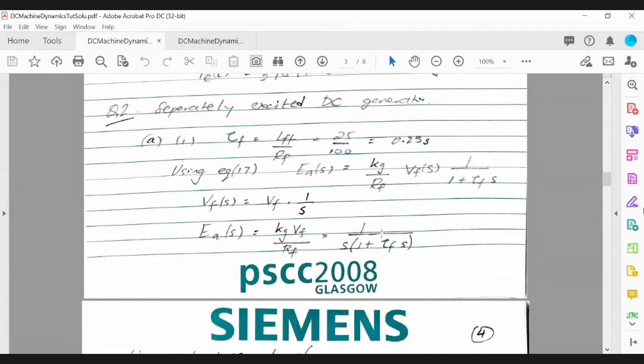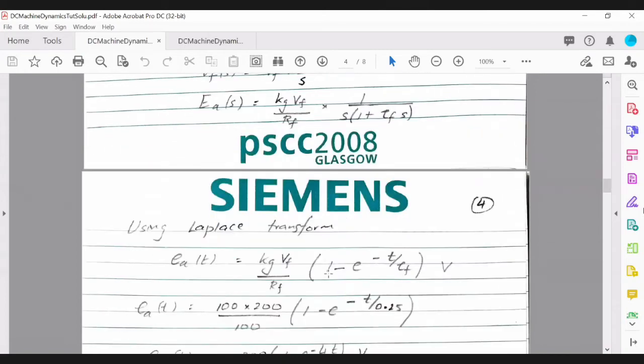And your field circuit, you will have basically the same principle that we've used in the previous question. So you'll have Vf times 1 over S for the field voltage, and the armature voltage then will be the product of this VFS into this whole equation here, right?